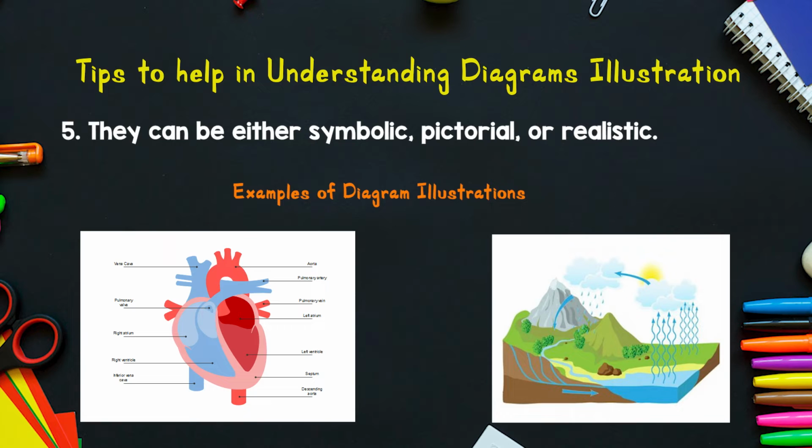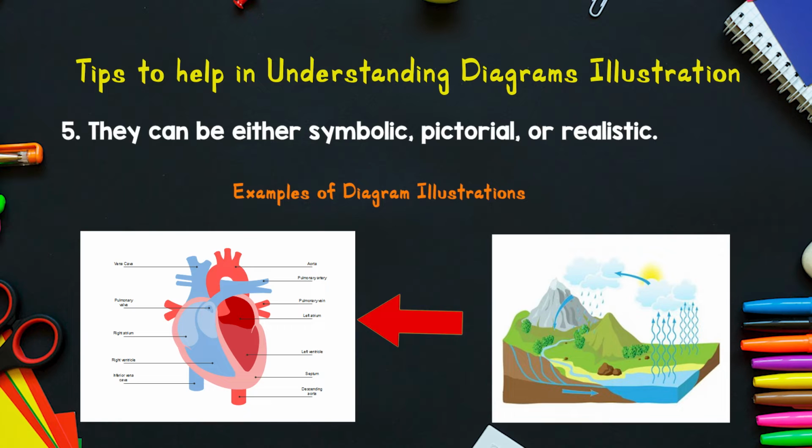So if you look, you will see I have two diagrams here. The first one is a diagram of the, can you guess? It's a diagram of the heart. Now if you look, you will see that it is well labeled. It is labeled with all of the parts.